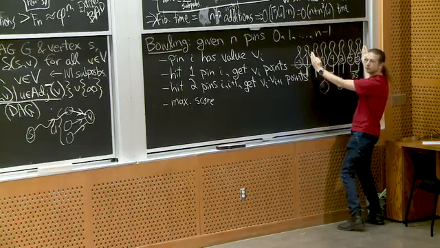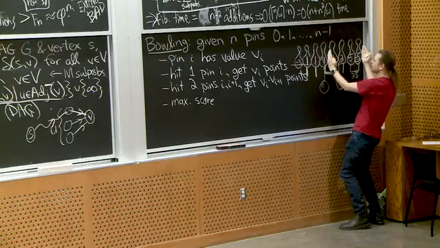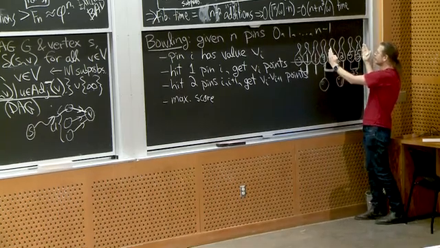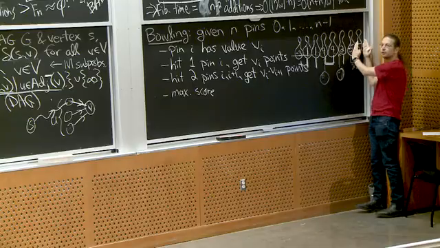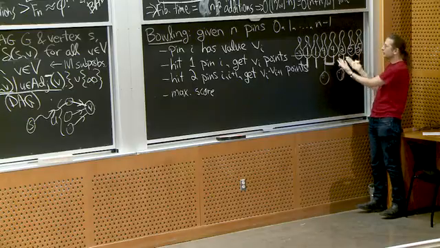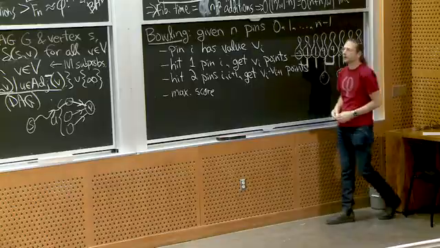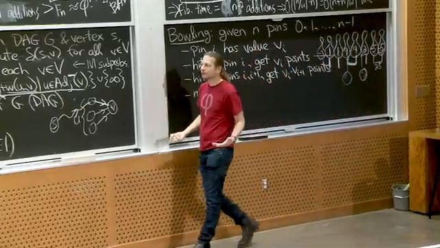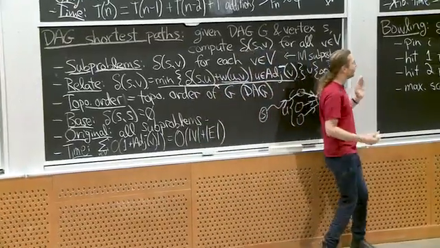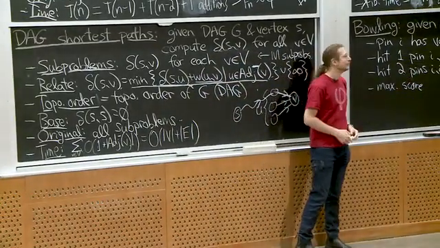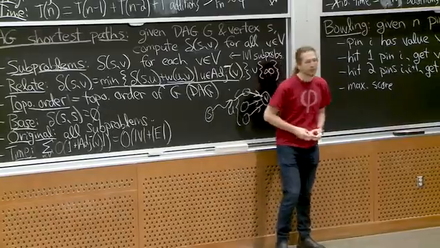How would I maximize my score on the remaining pins? There are some weird subproblems here. If I just gave you the last pin, what would you do? Nothing. That's clearly different from what I would do globally. But I claim if I can solve all suffixes, I can solve my original problem, because one of the suffixes is the whole sequence.